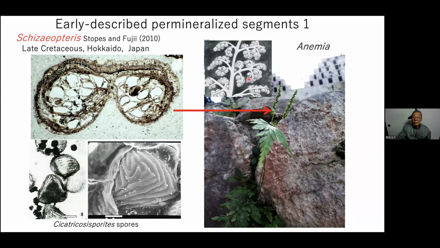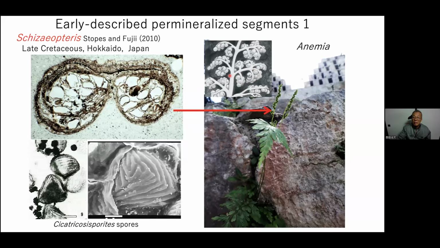This is the fertile structure in line drawings of Anemia, a recent species, but the structure of the fossil Schizaeales is quite similar to these structures. In this illustration, you cannot see the typical leaf part, lamina here.